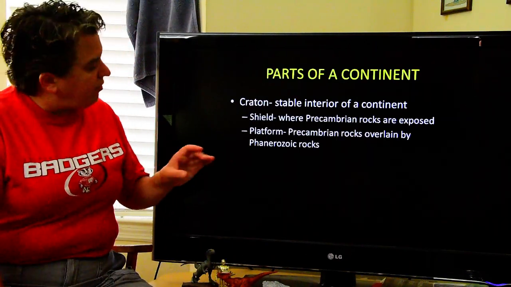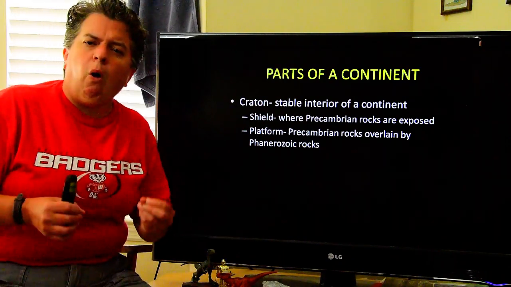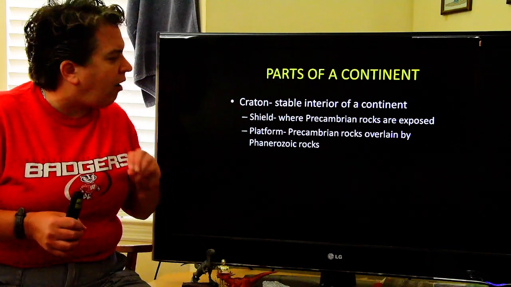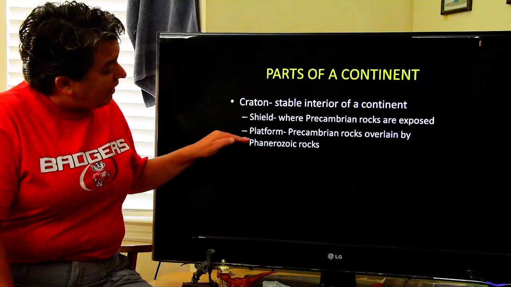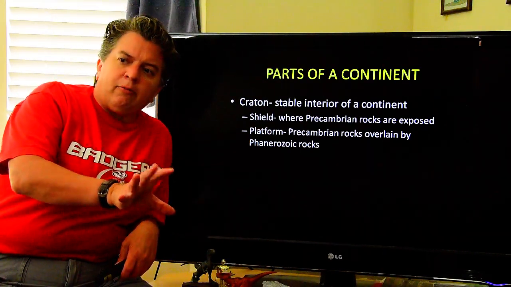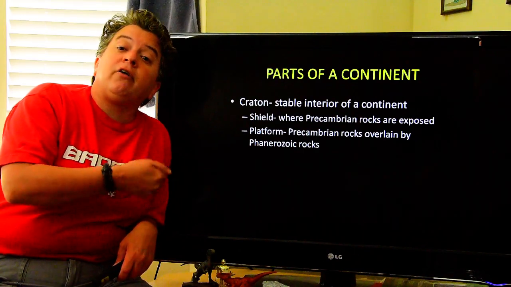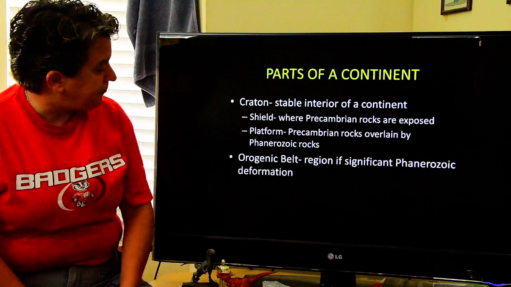And in this craton, we have what's known as the shield. And the shield is where your old Precambrian rocks are exposed. Now in the craton, you also have the platform. And this is where those old Precambrian rocks are hidden under younger sediments that have accumulated.